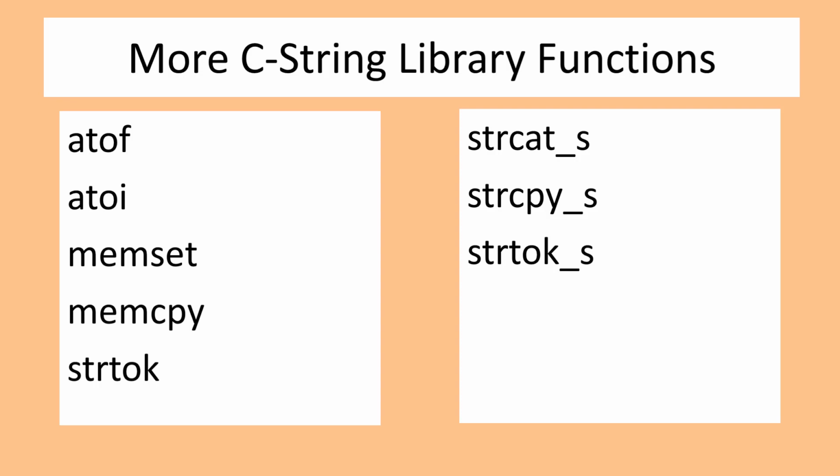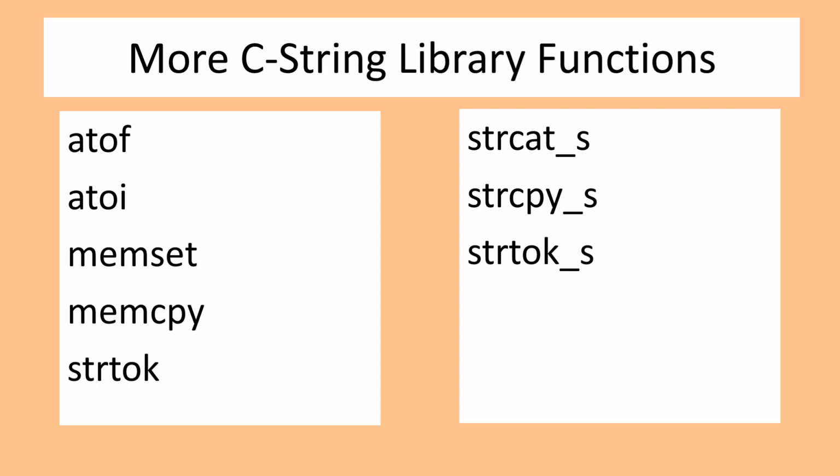If I look over on the right side, I have things that especially Microsoft has tried to solve some of these problems. Strcat, string copy, and string token, underscore S on each one. The underscore S means secure. So strcat and string copy have extra arguments in the call to make sure that you put in the size of the array that you're putting stuff into, to make sure that you don't run off the end.